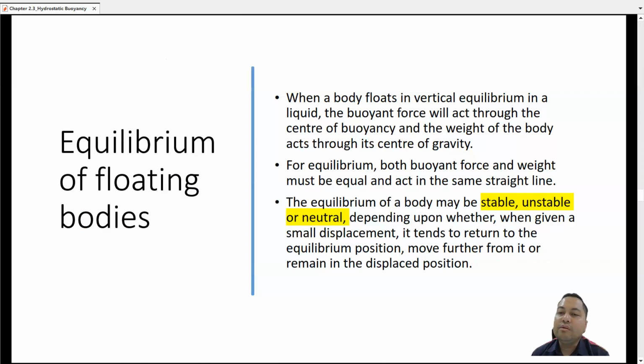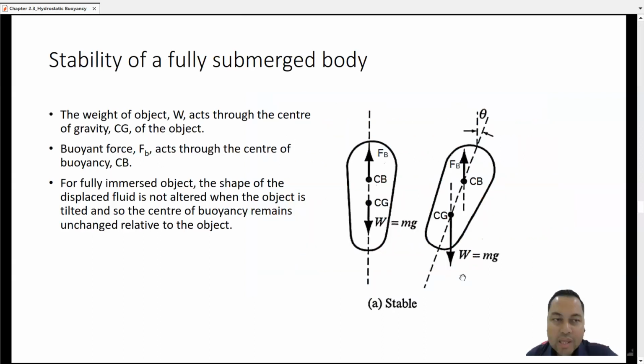For equilibrium, both buoyant force and weight must be equal and act in the same straight line. The equilibrium of a body may be stable, unstable, or neutral depending upon whether, when given a small displacement, it tends to return to the equilibrium position, move further from it, or remain in the displaced position.